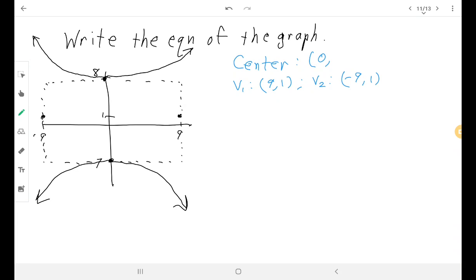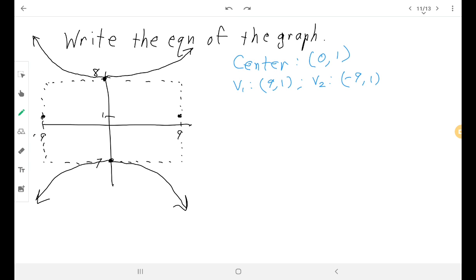So the center of these two, if you calculate the center between 9 and -9, that center is 0, and then the y value never changes, so the y value stays at 1. So that's how you can figure out the center, or you can calculate the midpoint by taking the average of these two, which you would find to be 0.